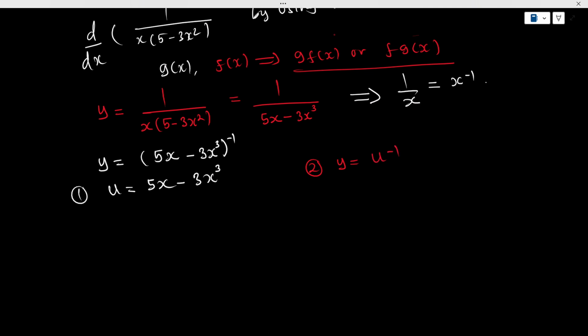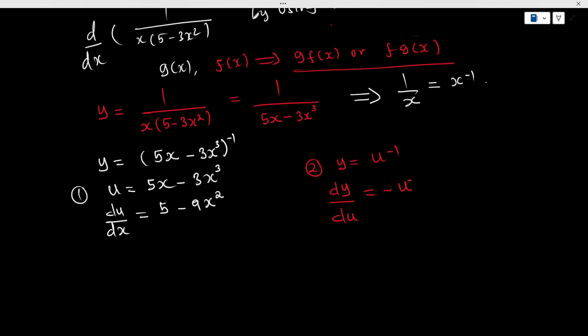I'm replacing the 5x minus 3x cubed by u. Now we're going to find the derivative of u with respect to x. So du/dx, I will get 5 minus 9x squared.